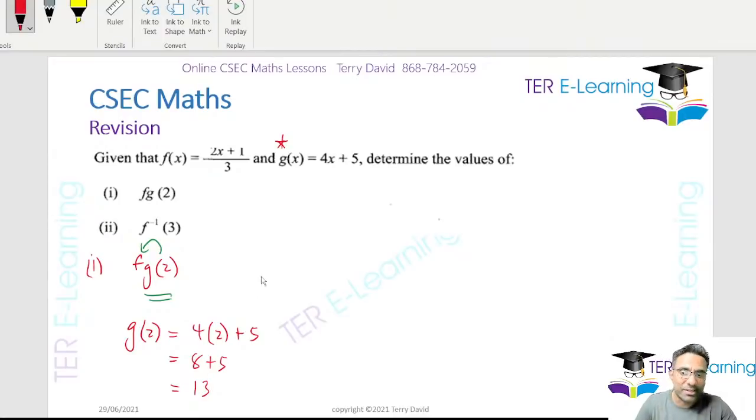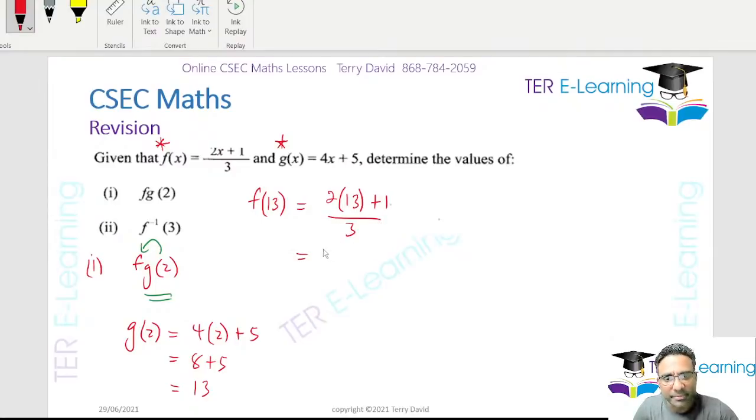When I get that answer now, I need to take that 13 and I need to plug it into the function f. So what I'm going to do, I'm going to find f of 13, right? So I'm taking the number 13 now and I'm going to plug it into this function here. So that is 2 multiplied by 13, right, plus 1 all over 3.